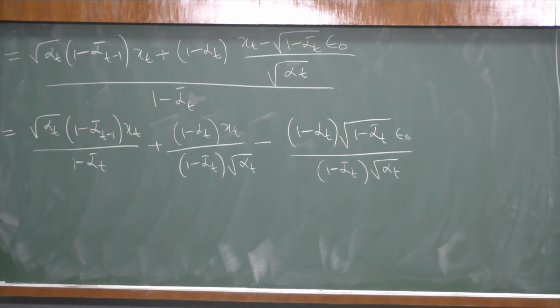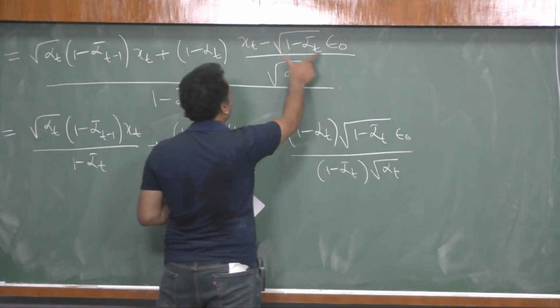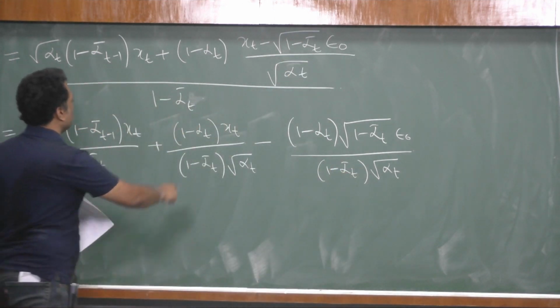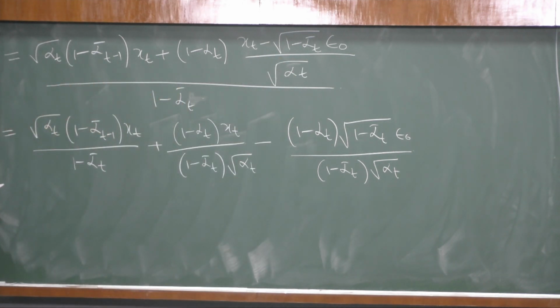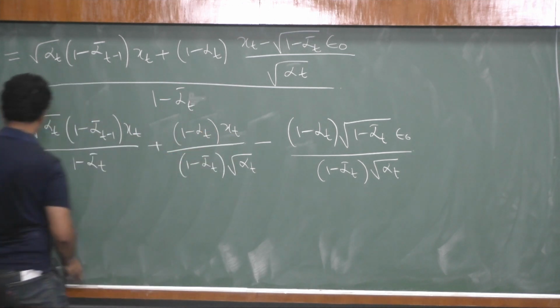So if you see the first term, square root of alpha t (1 minus alpha bar t minus 1) xt divided by this, and then we have (1 minus alpha t) xt divided by 1 minus alpha bar t, and this square root of alpha t is also here, and then similarly this goes with xt, and this is again going with this. Okay, so far this is good, and we see that there is an xt common, so we can take this common.